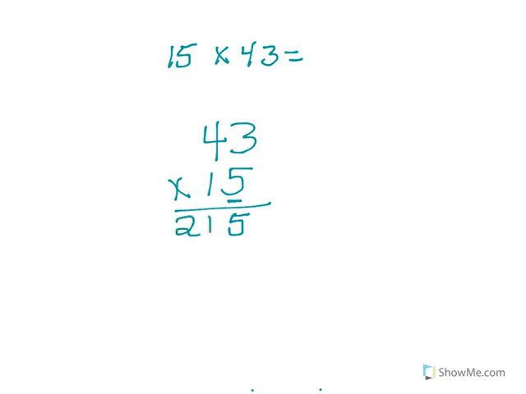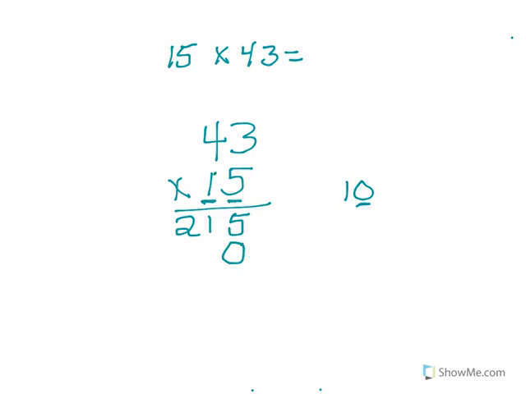I'm going to erase that. Okay, I'm going to my second row, and I'm going to multiply by 1. But remember, I'm not multiplying by 1, I'm multiplying by 10. This is a shortcut strategy, so part of the shortcut is to put that 0 placeholder.